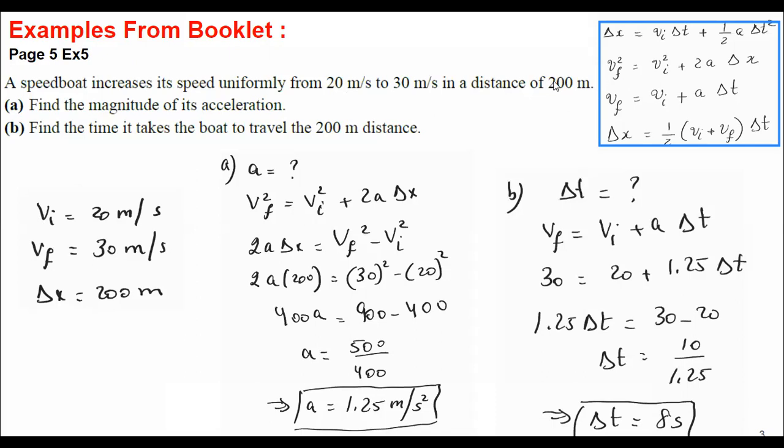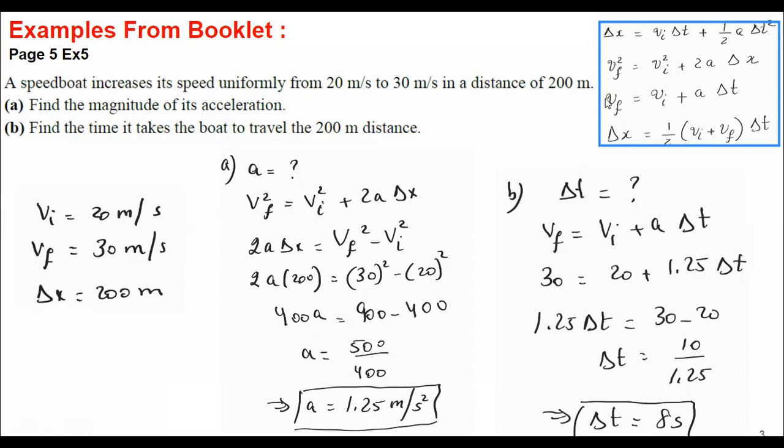In a distance of 200 meters. So this is over a distance of 200 meters, so I have delta x as well. Find the magnitude of its acceleration. So they're asking me for the acceleration. So I have VI, I have VF, I have delta x, and I need to calculate A.